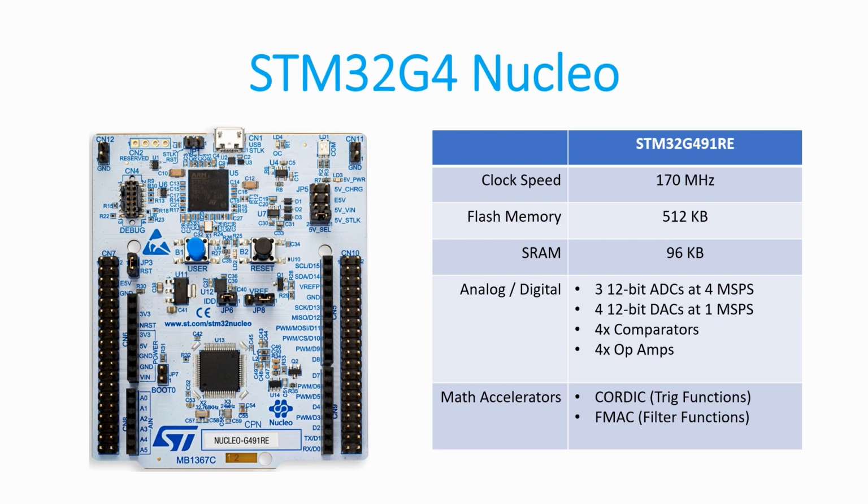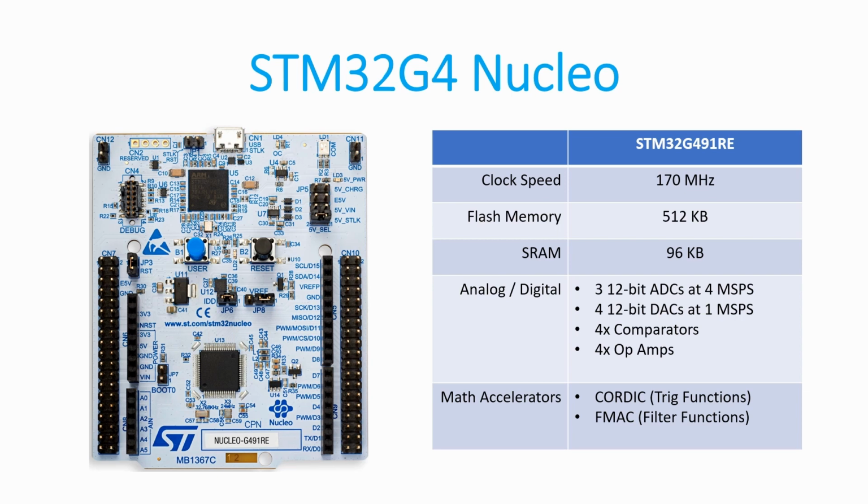Most importantly with the G4, it has 2 math accelerators. These are coprocessors that operate independently of the main processor. So it has a CORDIC and an FMAC. The CORDIC speeds up trig functions, so something like taking a cotangent usually takes a while on a normal processor, but the CORDIC is designed to mathematically speed this up in particular, so it will be very fast.